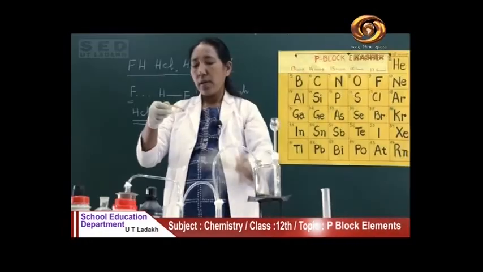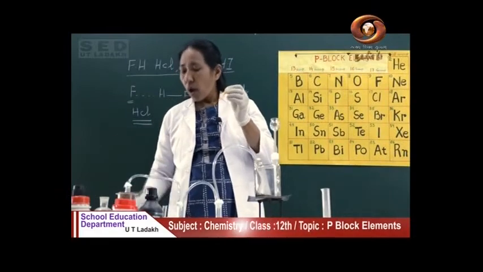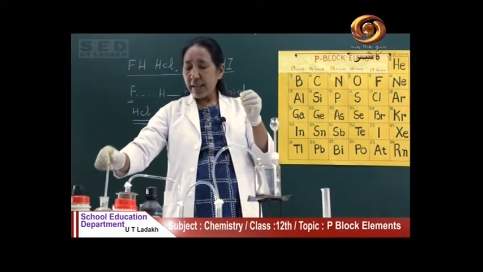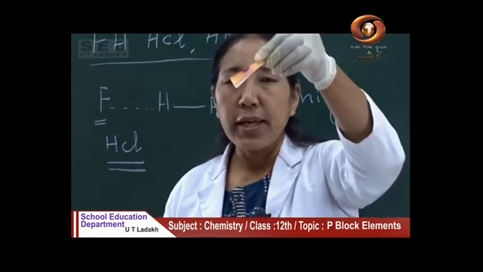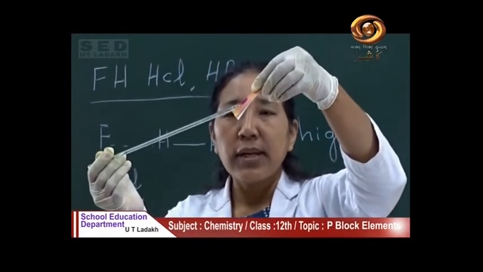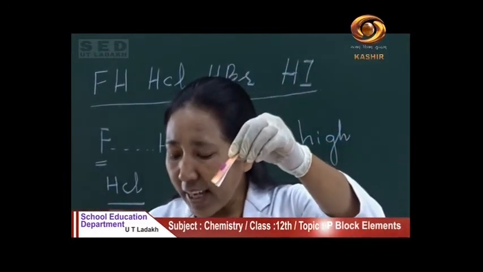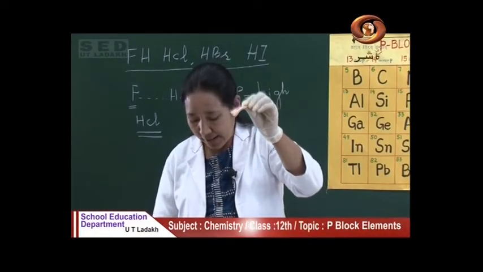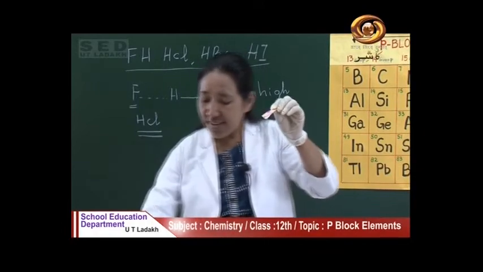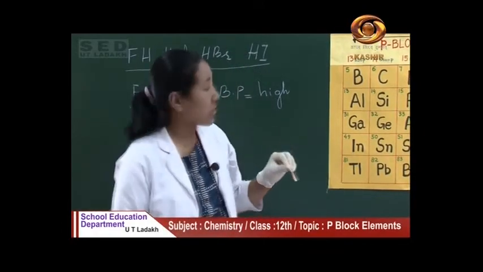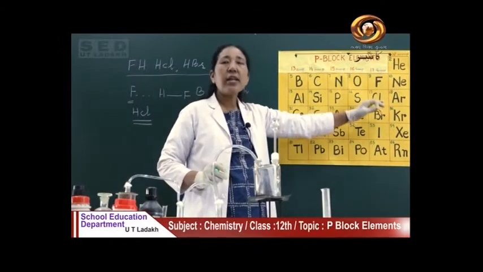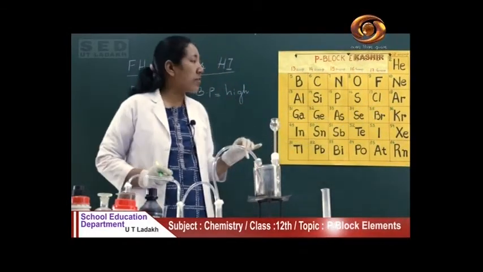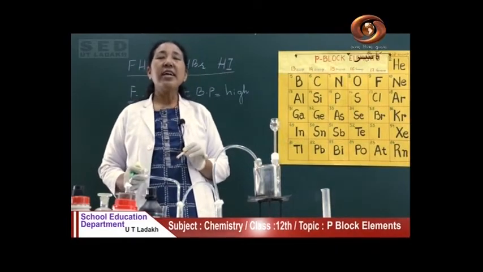If we put concentrated HCl on it, it shows a red color. It indicates that HCl is a strong acid, so it is a very strong acid in nature.